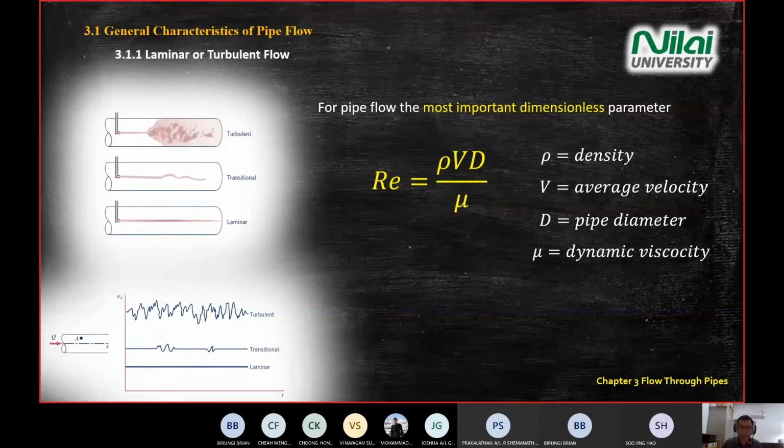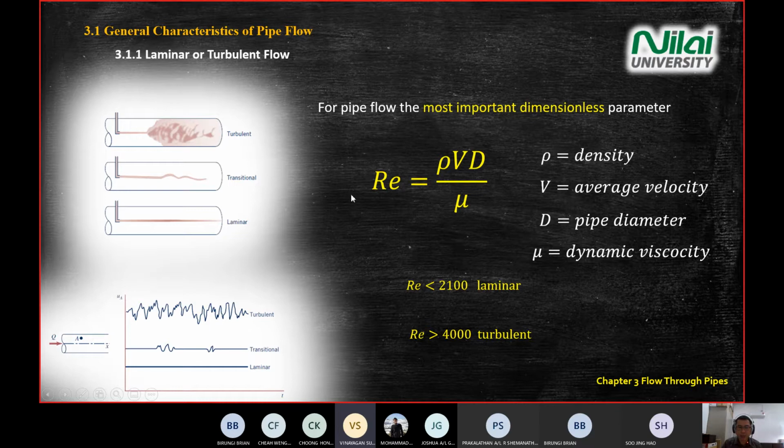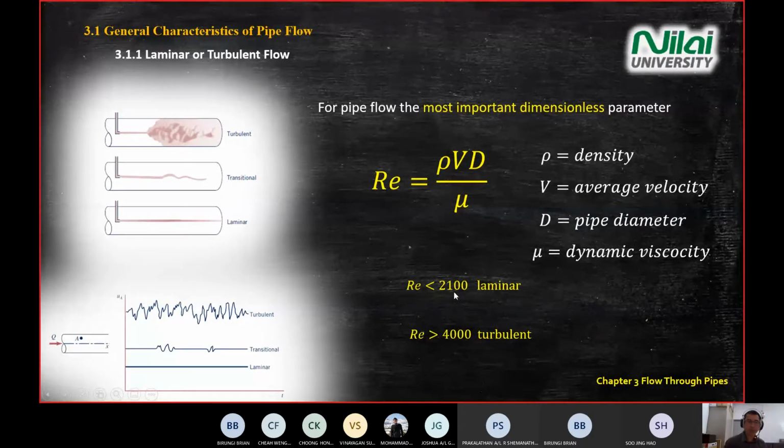Once you calculate your Reynolds number, if it is less than 2100, it becomes laminar flow.